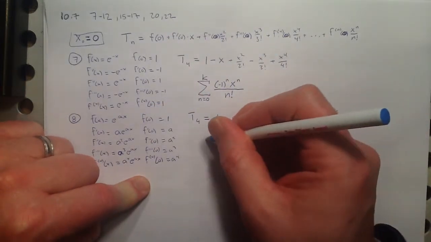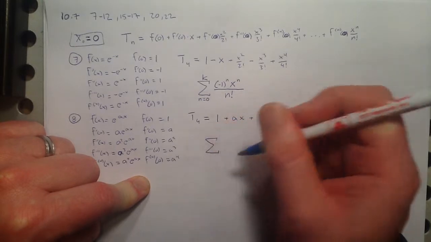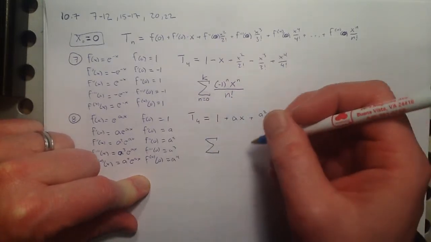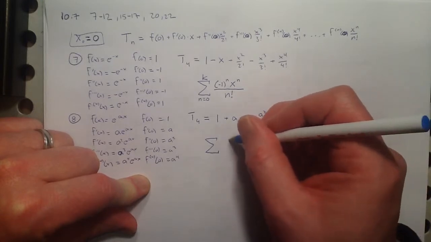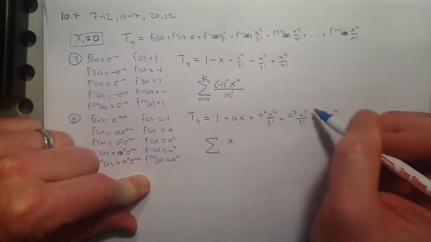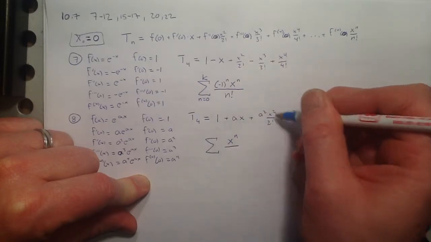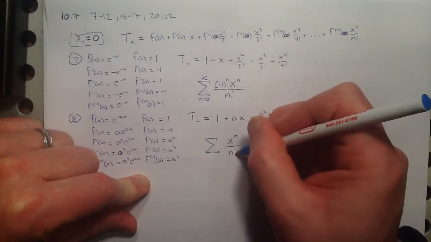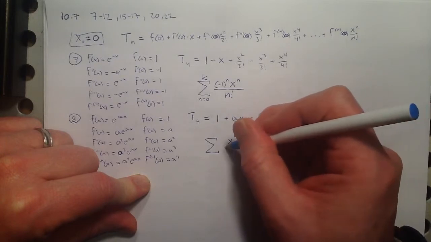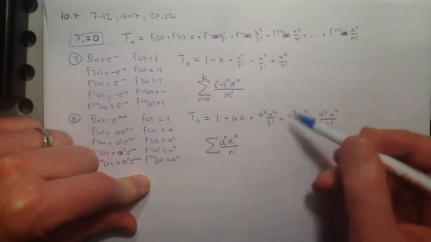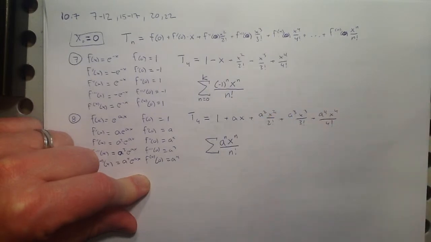Now, can I write it in sigma notation? So we've got a little practice from the last one. It's not flipping signs, so I don't need a sign flipper. I have x to the 1, 2, 3, 4, so x to the n power. And every time I have an n there, I have an n factorial on the bottom. And I also have an a to the n power, whatever power shows up here.